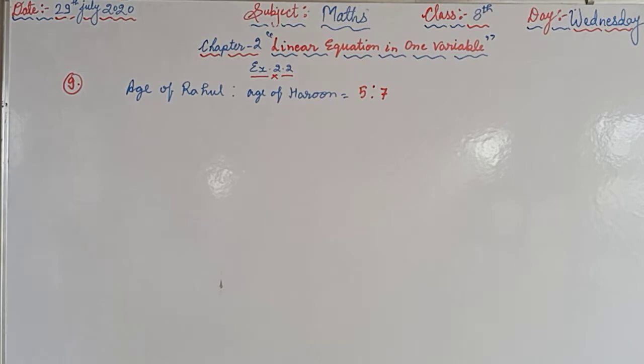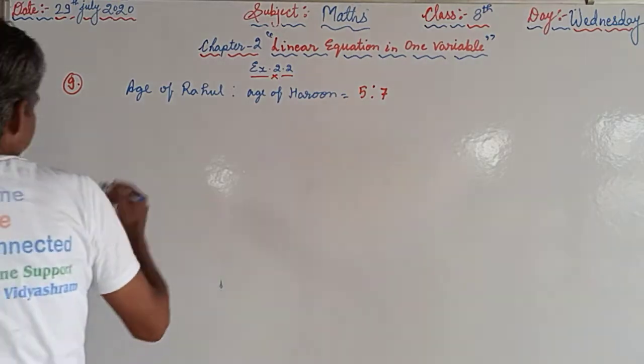Afterwards it is given that 4 years later the sum of their ages will be 56 years, find their present ages. So this is the ratio of the present ages.